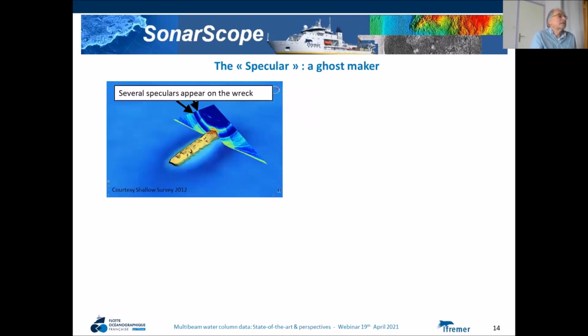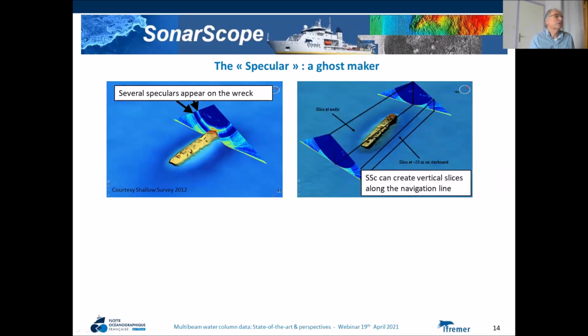Let's look at this example now. The sounder surveys a wreck. One can see very clearly the specular of the wreck here. On the first image, we are going to display two cross sections, one at the nadir and one far from the wreck.